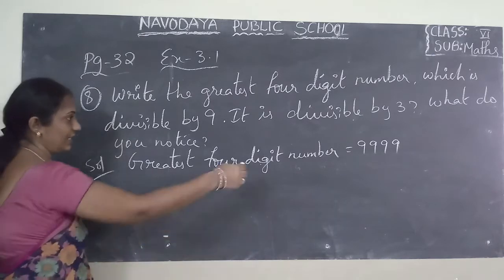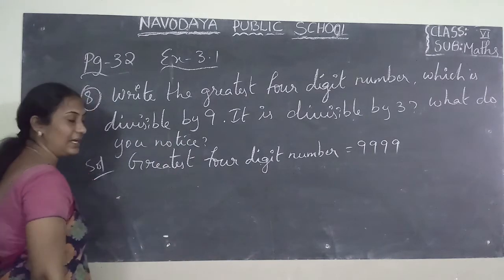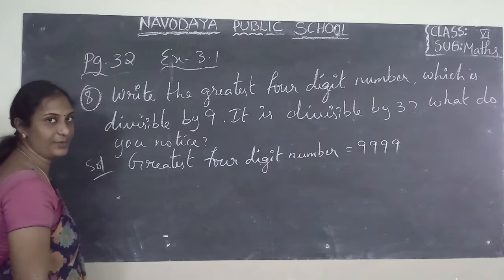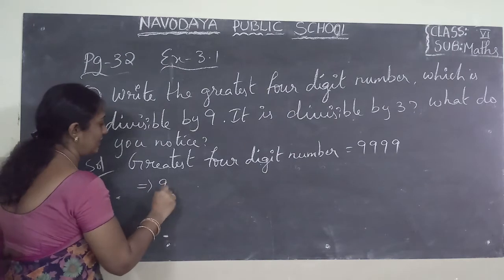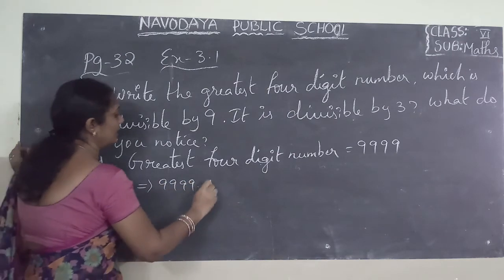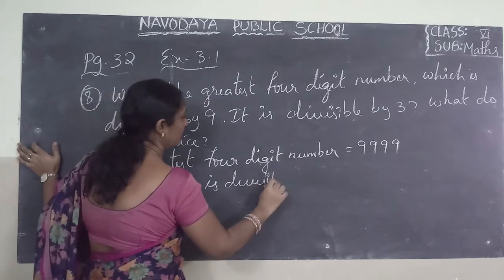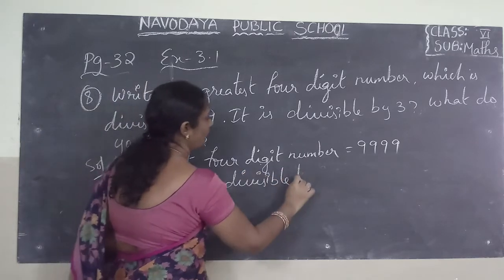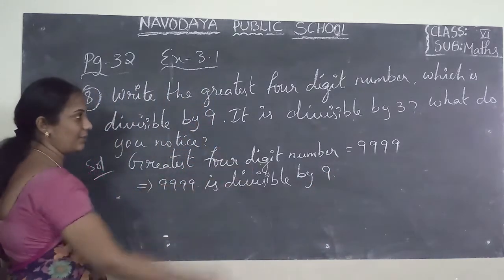Now, that 9,999 must be divisible by 9. It is divisible or not? Yes, it is divisible by 9. Implies 9,999 is divisible by 9.